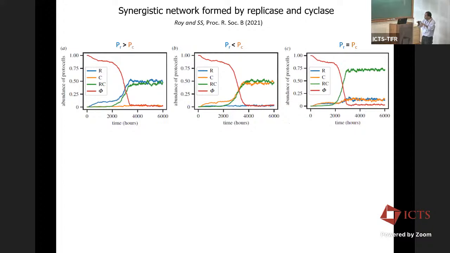So this was the game, essentially. We looked at replication inside a population of protocells through the rolling circle mechanism. And each replication event could potentially create a ribozyme or some other type of sequence.